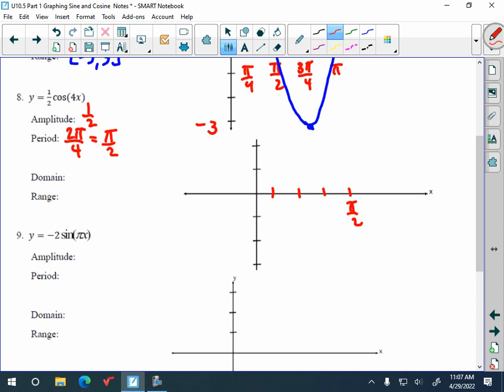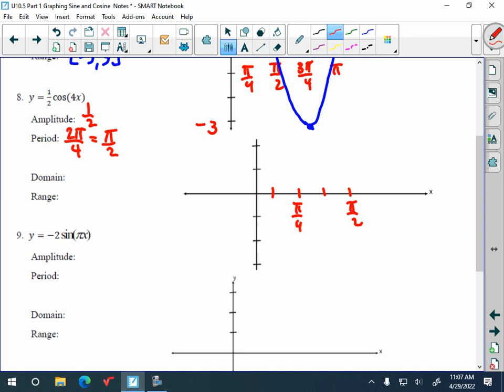All right, so we're going to take that pi over 2, we're going to cut it in half. That'll get us the second tick mark value. So if we take pi over 2 and multiply it by a half, what is that? Pi over 4, okay. All right, now to get the first tick mark value, we're going to take pi over 4 and multiply that by a half. So what does that become?